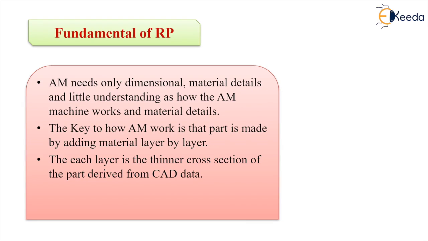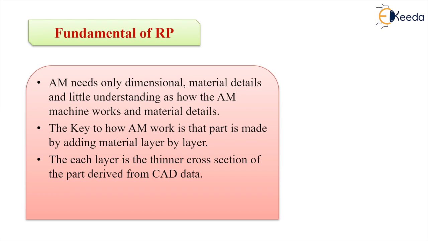We have to carefully study the drawing, carefully study the part geometry, order of making, sequence of making, which machineries and tools we are going to use, all these things. But additive manufacturing eliminates all these hurdles. Okay, now the key to how AM works is that the part is made by adding material layer by layer, that is the additive approach.